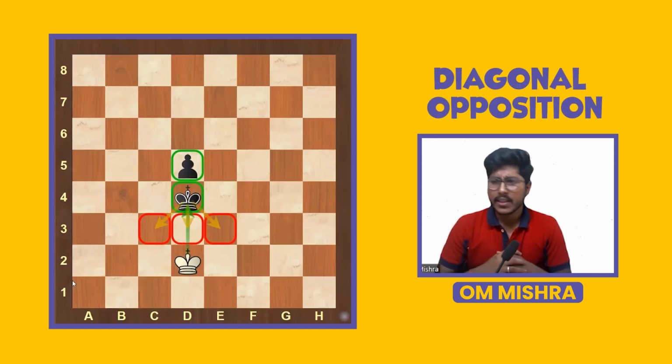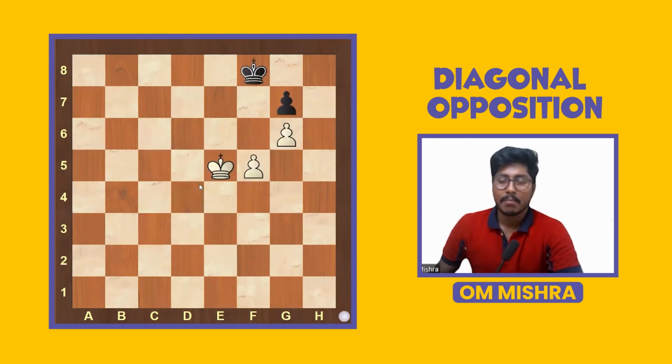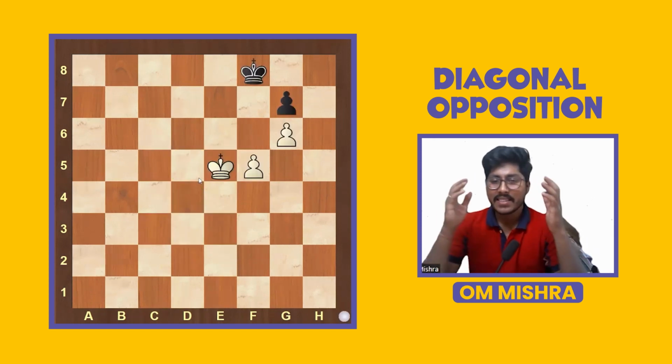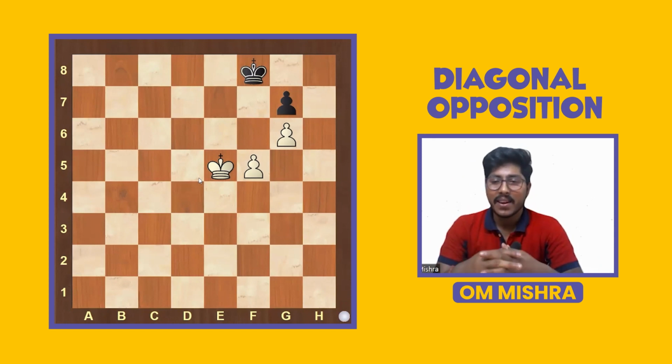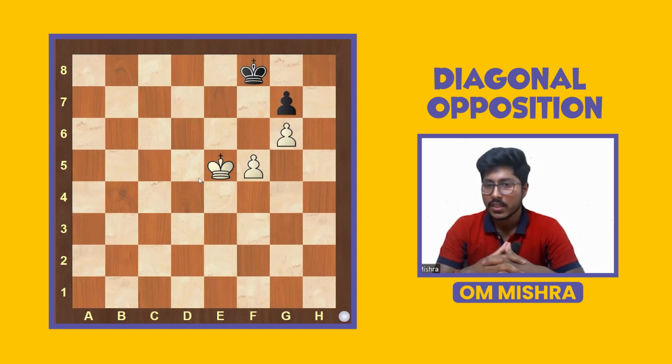Then what is this diagonal opposition? My dear students, my dear friends, please see here. This is an example of diagonal opposition. And how is this diagonal opposition going to work?